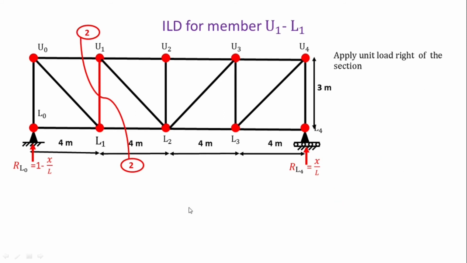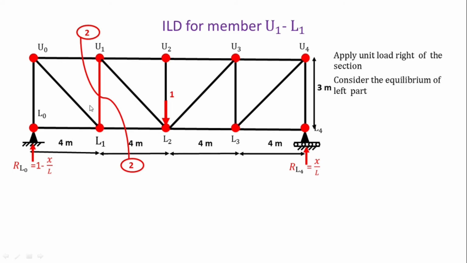Now move this load to the next joint, that is the L2, and now this load is on the right of the section. So apply unit load on the L2. So consider the equilibrium of the left part of the section. So here the load is on the right, so consider the left hand side of the section, only the left hand side of the section.